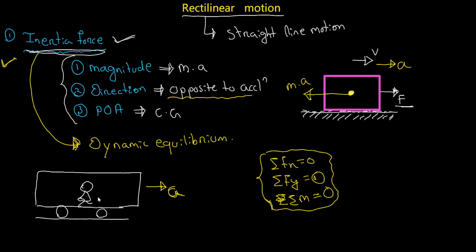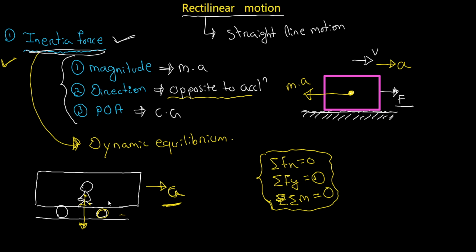The object has a mass, and the weight acts in the downward direction, that doesn't matter. The person is accelerating. Why is he accelerating? Because of the friction only, because the bus is moving in the forward direction. Why is the man also moving in the forward direction? Because he is sitting on the bus, because of the friction.